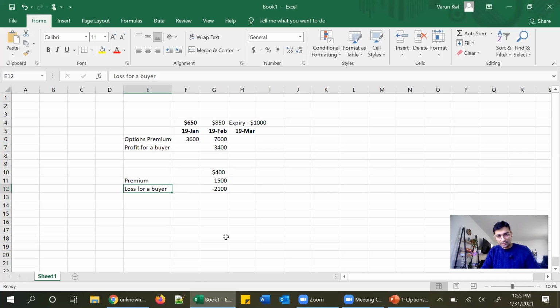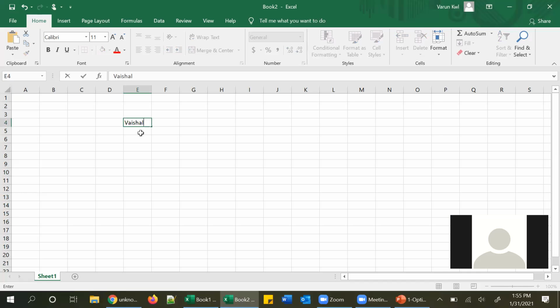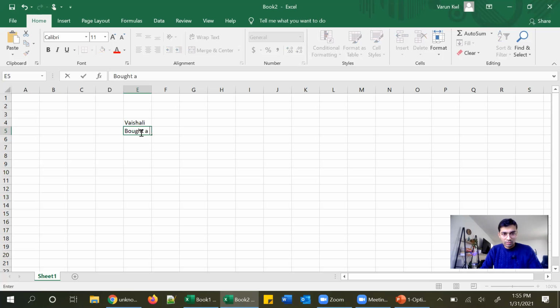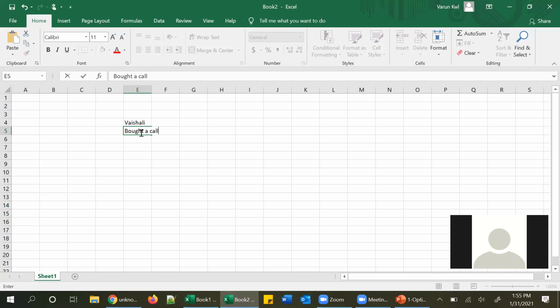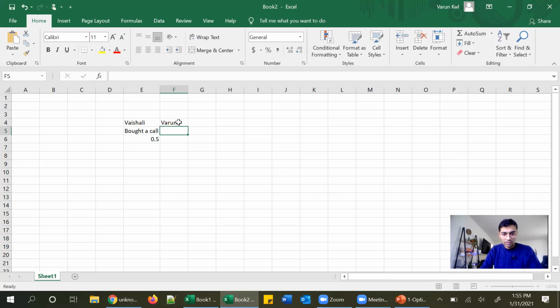So let's look at this particular example. Vaishali bought a call at 0.5. Varun sold a put. Makes sense? Both of them have a strike of 0.5.